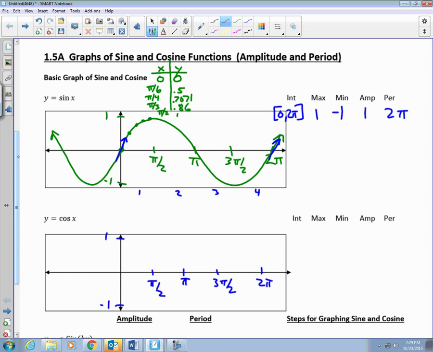Okay, so period means when it repeats itself, when it will do the same thing over again. And so now I'm going to use my really cool technology. Watch this. We'll see if it works. This green function is my sine function. Oh, it won't do it. Okay, so watch this.